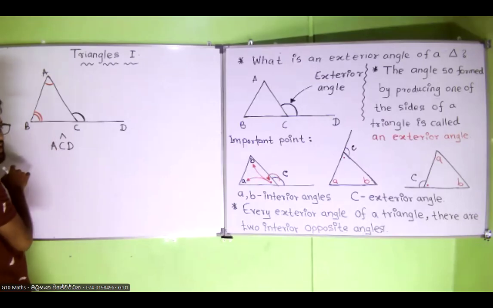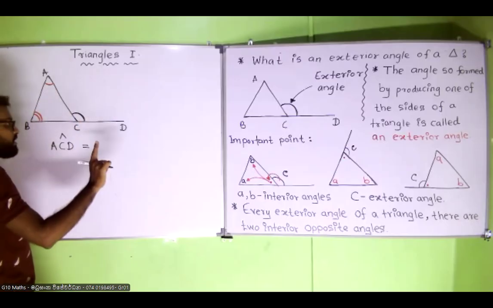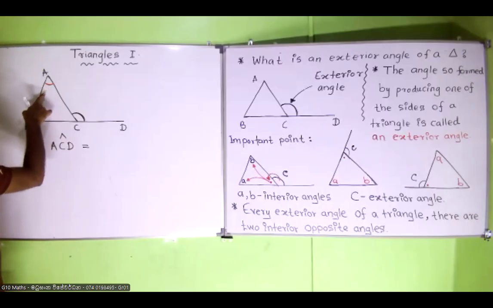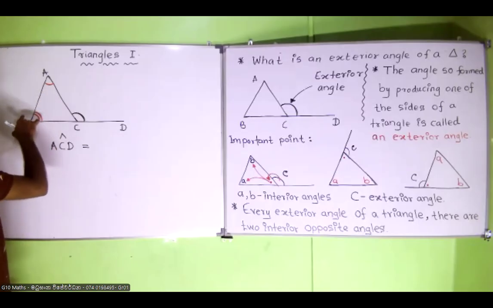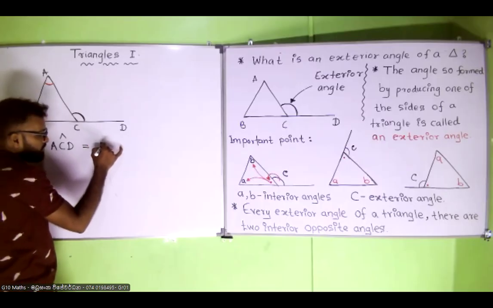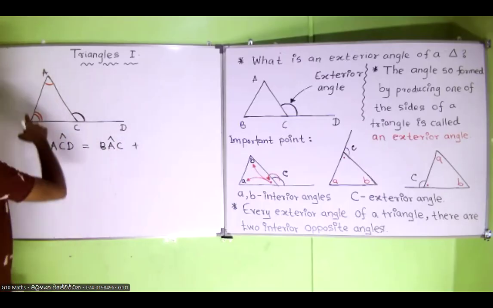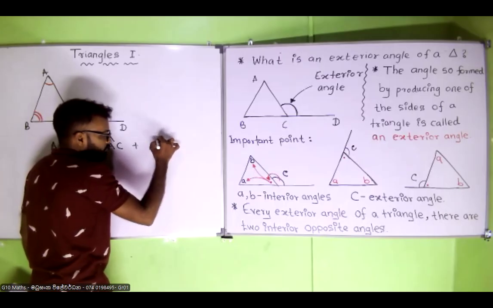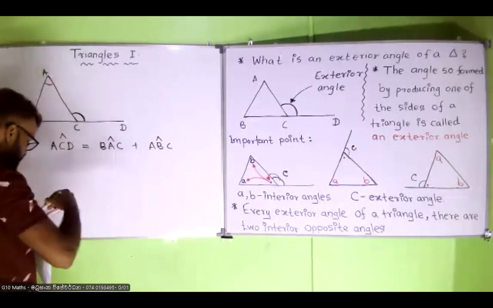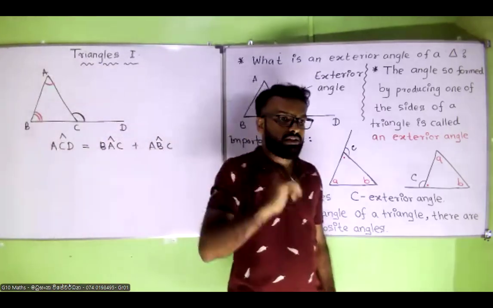Angle ACD equals this angle plus this angle, the summation of the two opposite interior angles. So I can write angle BAC plus angle ABC. This is the theorem that you already learned in grade 9.